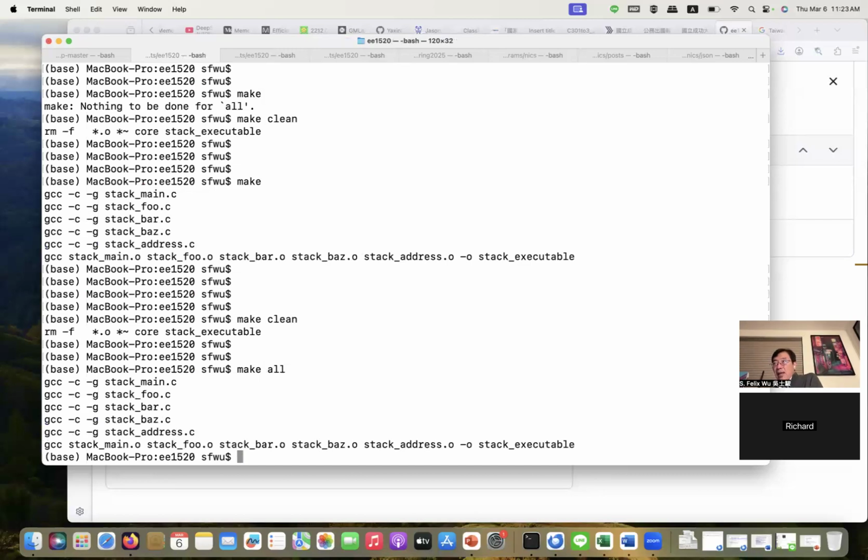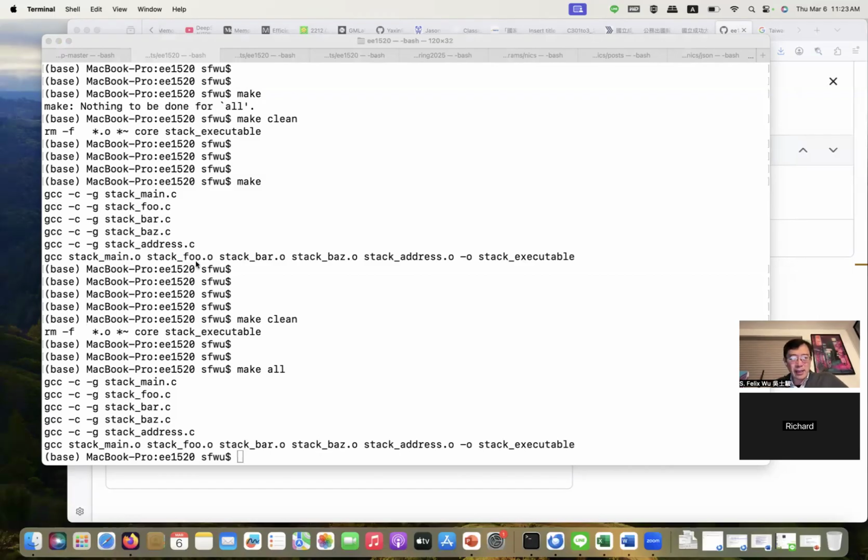Exactly the same. If you type only make, it will try to find the first rule in the makefile and then do the execution. But if you do specify all, which means the target all, it will also find the rule with this target all, which happened to be the first rule. So that's why if you type in make or make all, it should be the same.